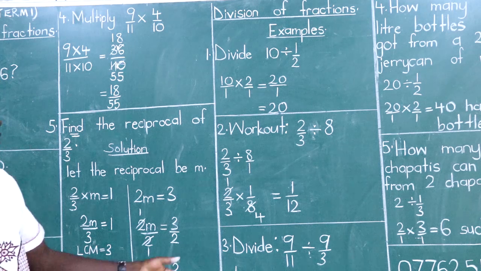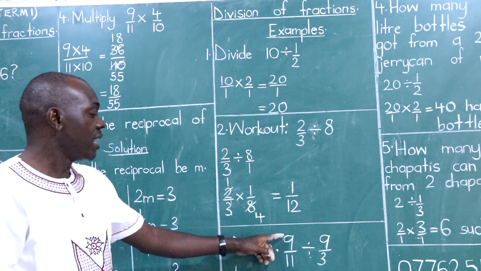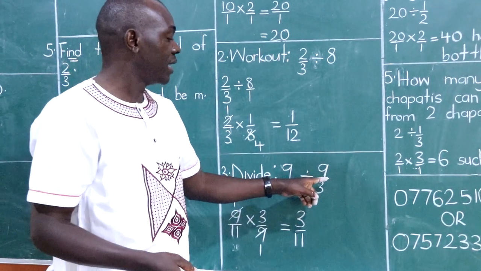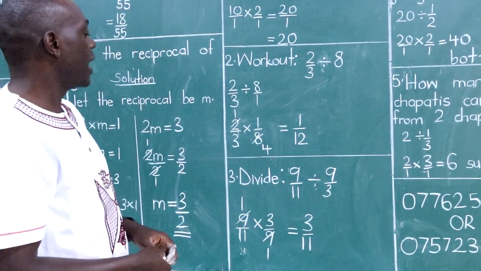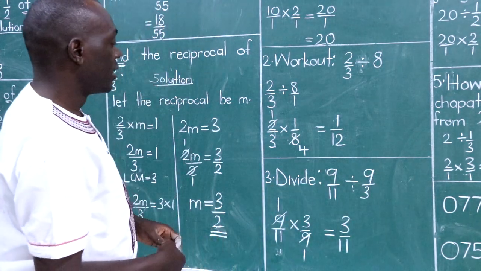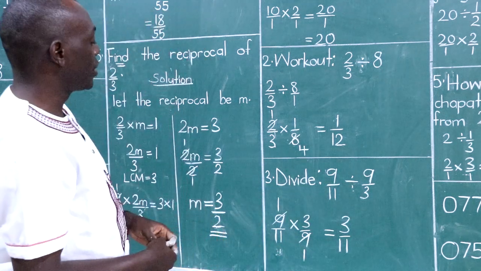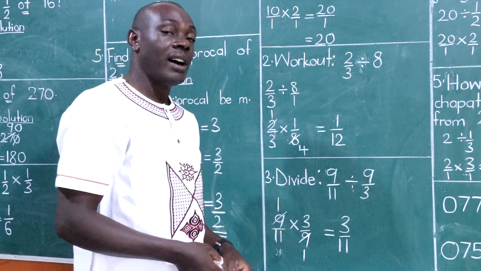As we go to example number 3, it tells us to divide 9 out of 11 by 9 out of 3. 9 11ths divided by 9/3. Now both have their corresponding denominators, that's 11 and 3.